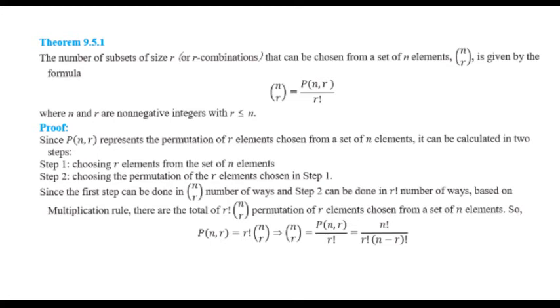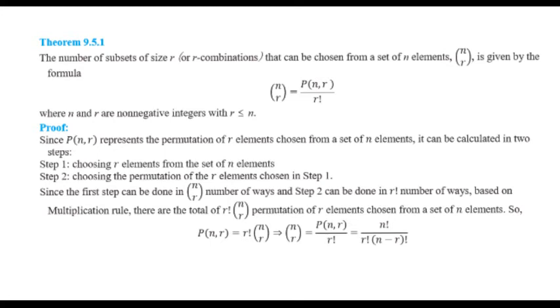In order to prove that n choose R is equal to this quotient, we basically consider the process of forming the R-permutations for a set of size n as a two-step process. In the first step, we need to choose R elements in a set of n elements. And in the second step, you need to choose the permutation of these R elements that is chosen in step 1.